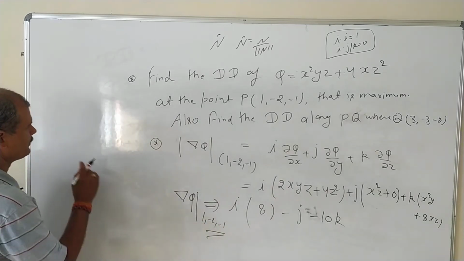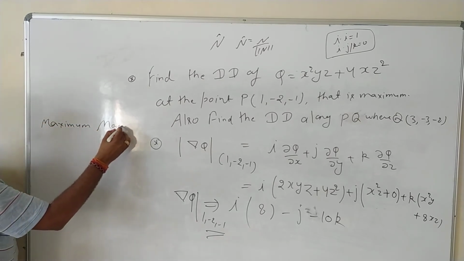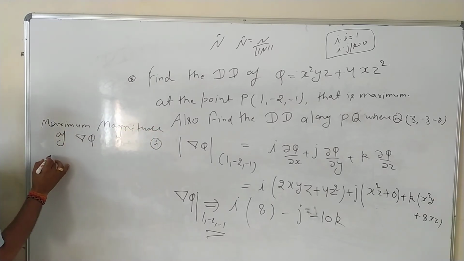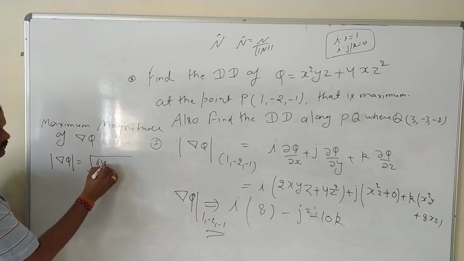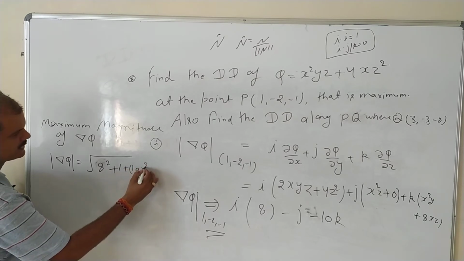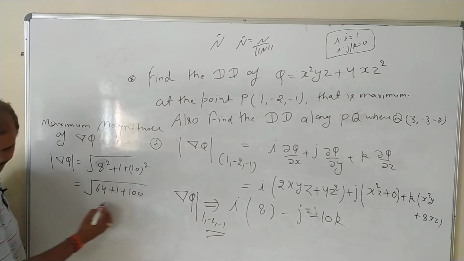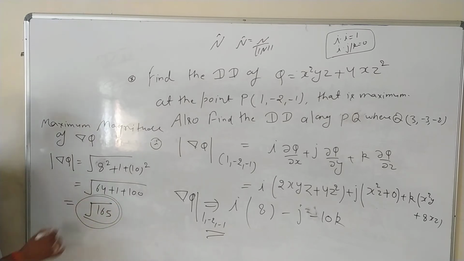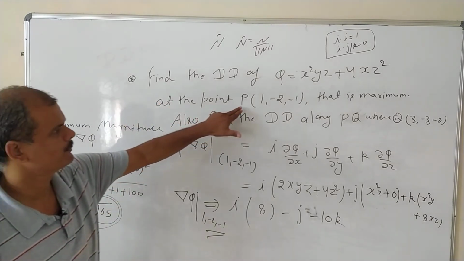Now I can write the maximum magnitude of gradient of phi will be under root 8 square plus 1 plus 10 square, so under root 64 plus 1 plus 100. Fine. So we get root 165. So this is your maximum magnitude of directional derivative of the given phi at the point P.